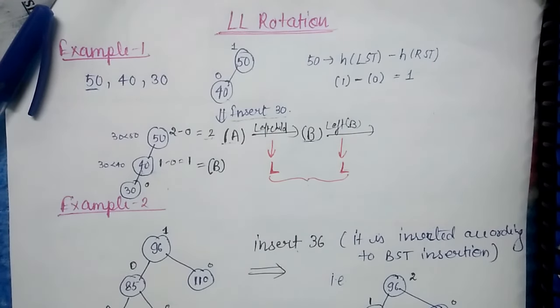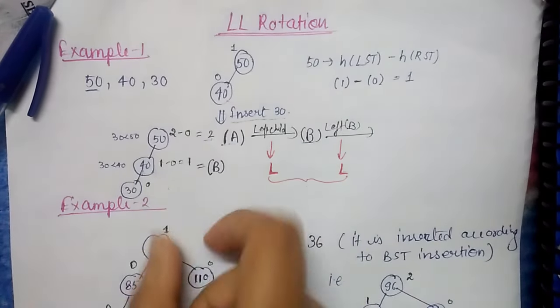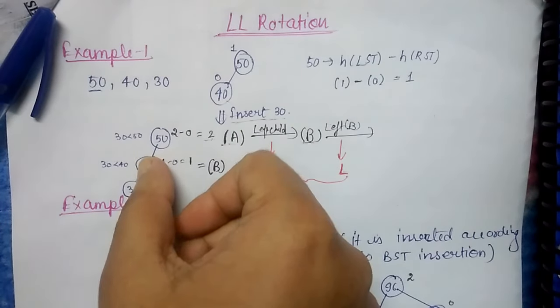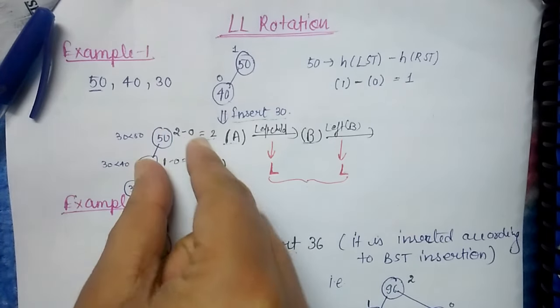In the LL rotation we always rotate in the clockwise direction. How do we rotate in the clockwise direction? I am telling you a simple trick. Identify A and B, put your thumb on B and your finger on A, and rotate this in the clockwise direction.